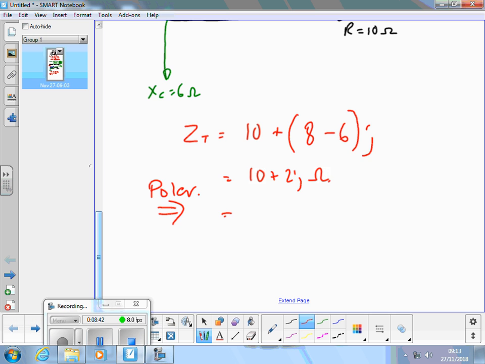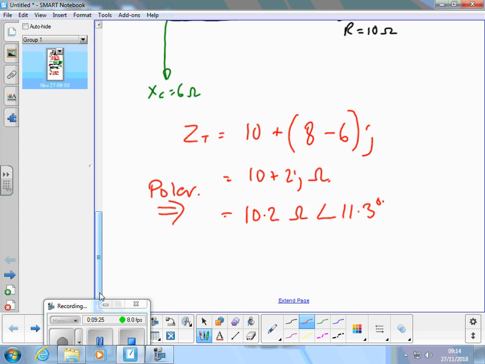Convert into polar is easiest. Certainly not 10 angle 0. 10.2 ohms, angle 11.3 degrees.